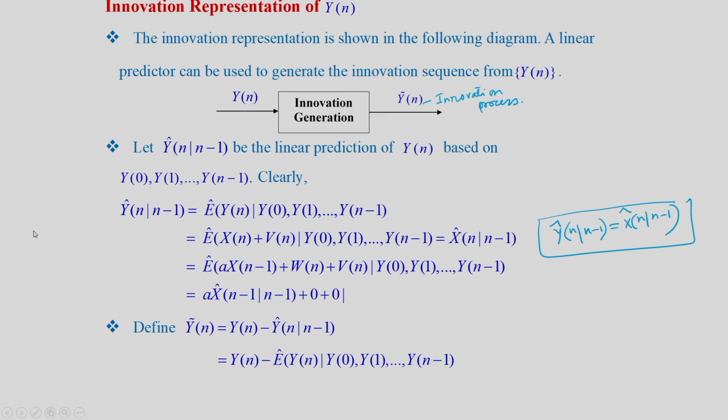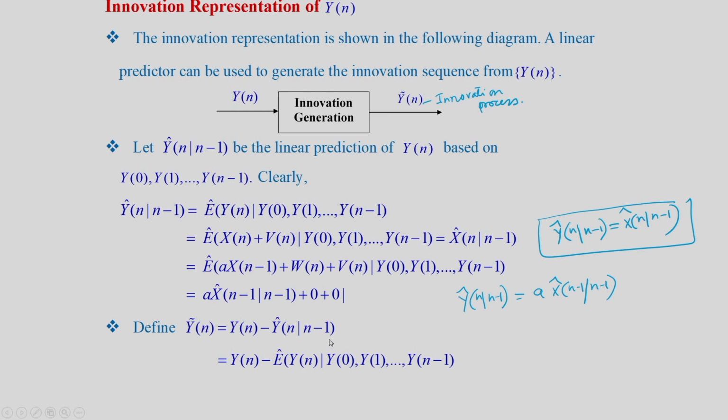Therefore, we can further write that the prediction y hat n given n minus 1 is also equal to a times x hat n minus 1 given data up to n minus 1. That way this is the estimator of the signal at instant n minus 1.